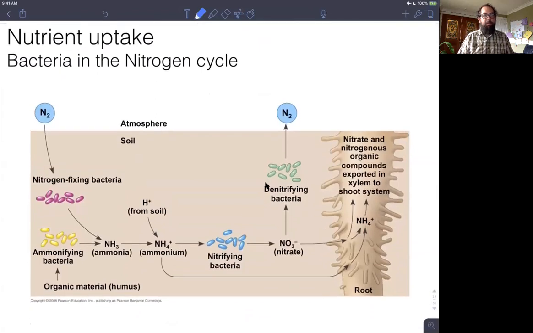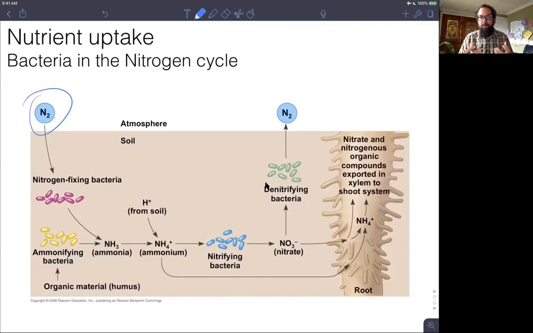Another really important piece to nutrient uptake is how bacteria play a role in taking up nutrients. Nitrogen is the most abundant element in our atmosphere, but it's not available to plants in its atmospheric form. Plants cannot use it. Plants need nitrogen converted into nitrates or ammonia or ammonium to be able to take those up and use that nitrogen.